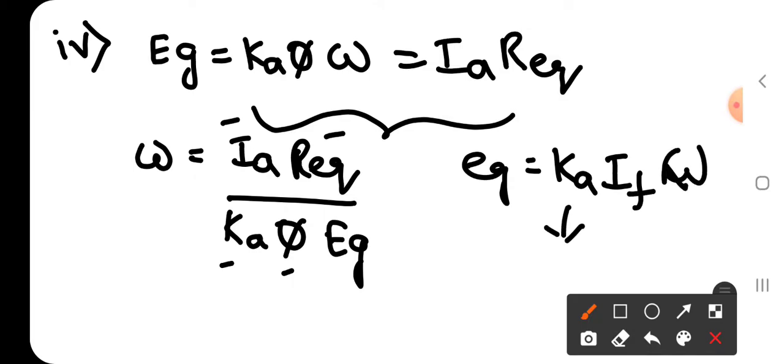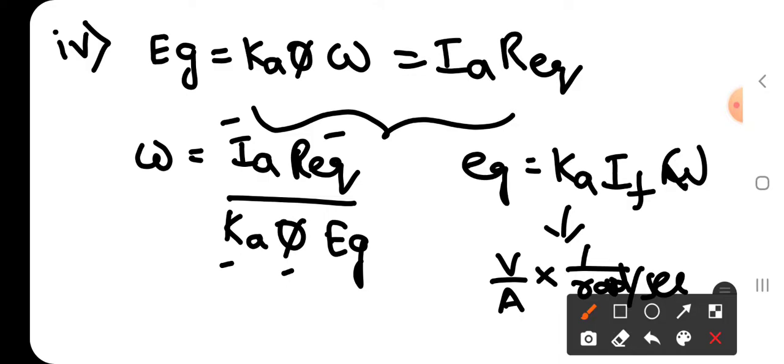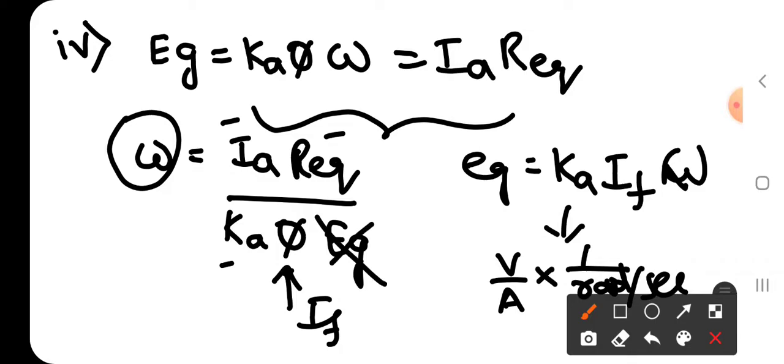Then the units will be volt per ampere and 1 by radians per second. Now it is valid. So we can consider this equation for omega, and in the place of phi you can substitute If. Now you can find the value of omega. You know all the values.